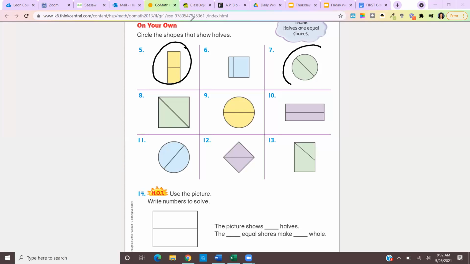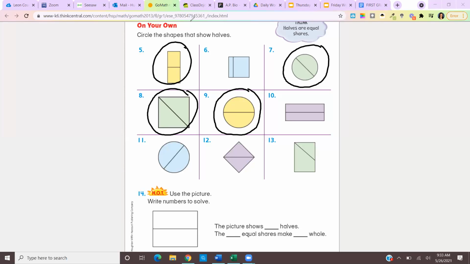Yes, both parts of that circle are the same size. Number 8. Both shapes are the same size. What about for number 9? Yes, both parts of that circle are the same size or equal, which means they are halves.